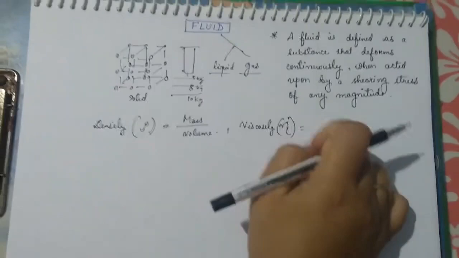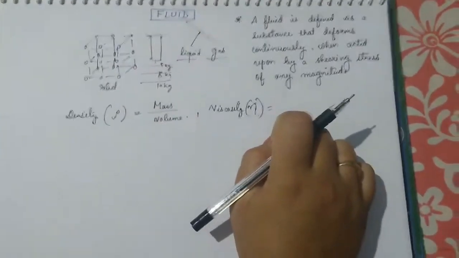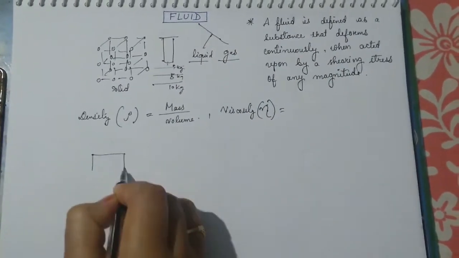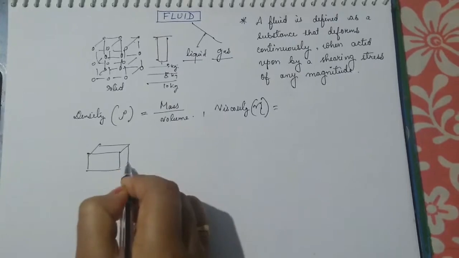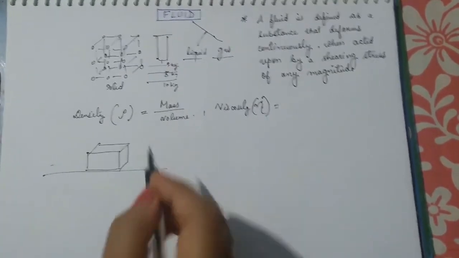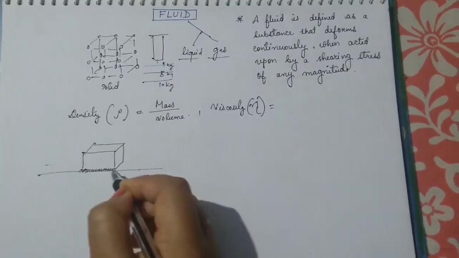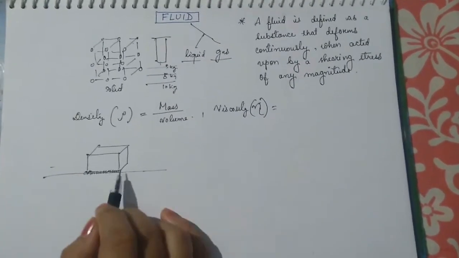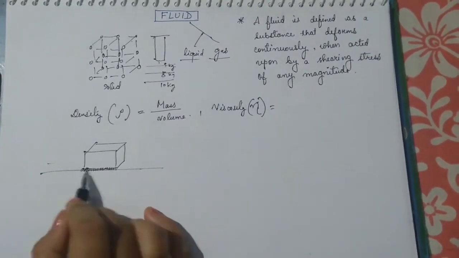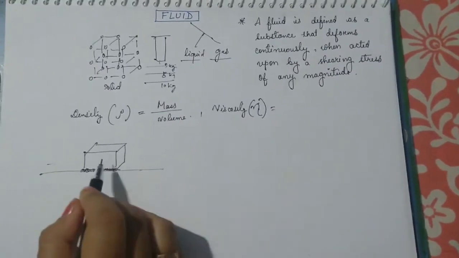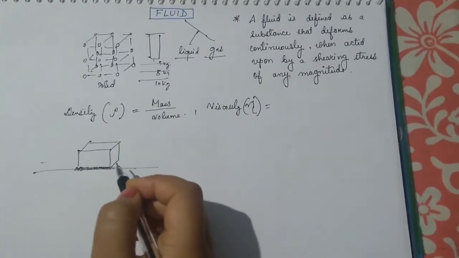See, viscosity is basically this: suppose there is a box kept on a floor. There is contact between the lower surface of the box and the floor, because of which there is a frictional force between them, and the box stays stable on the floor.